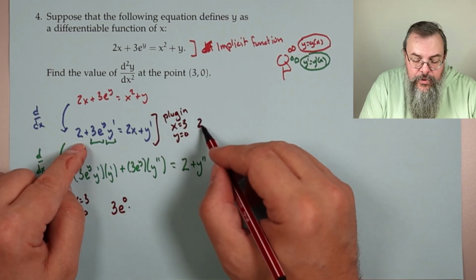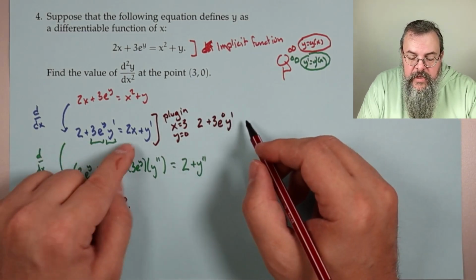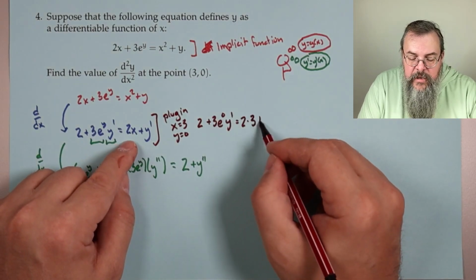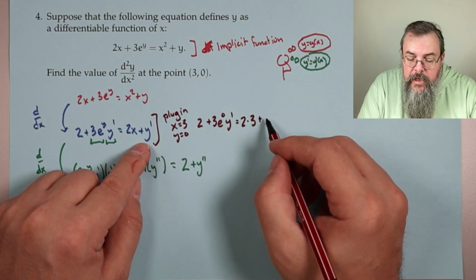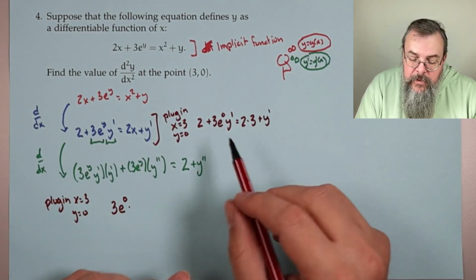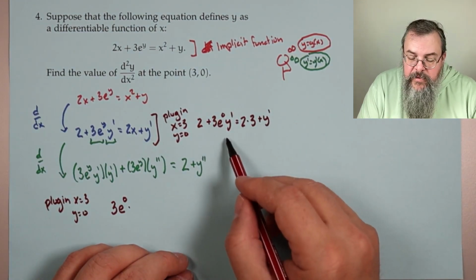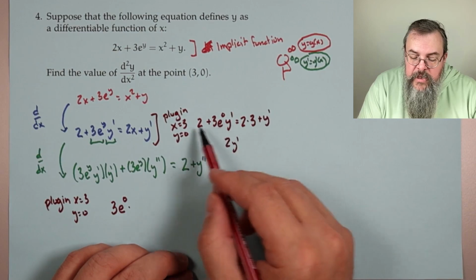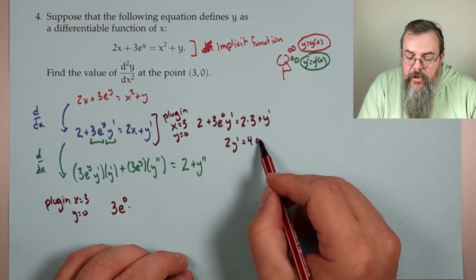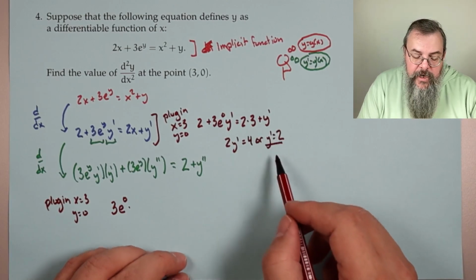We get 2 plus 3e to the 0, y prime is equal to 2 times 3 plus y prime. All right. Well, we can rearrange, right? We have 3y prime there, so that becomes 2y prime. And then here, subtract 2. 6 minus 2 is 4, or y prime equals 2. Okay, so that y prime is 2.